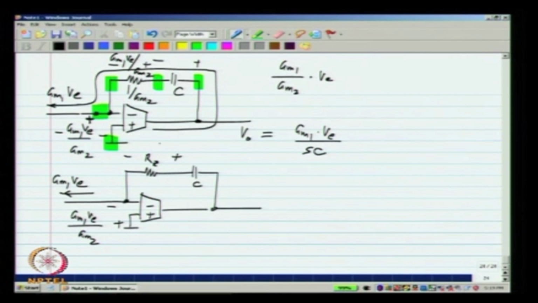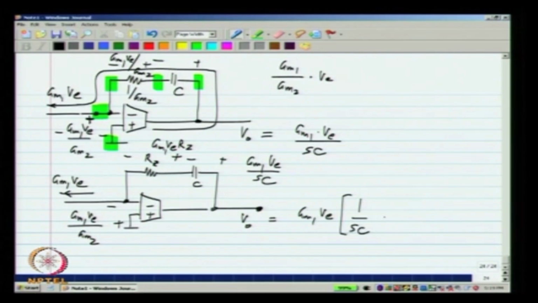The voltage across this is Gm1 VE RZ, and the voltage across that is Gm1 VE by SC. So, the total output voltage is Gm1 VE times 1 over SC plus RZ minus 1 over Gm2.